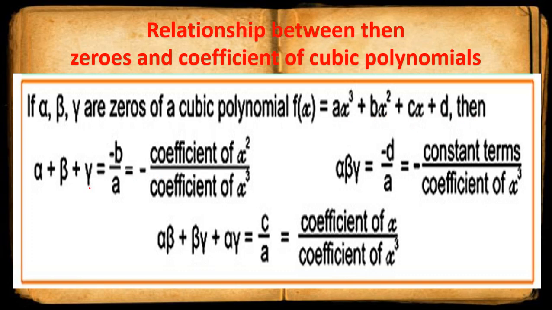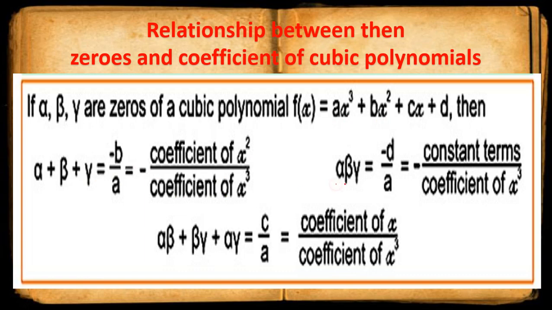in the same way, when we follow, we get alpha plus beta plus gamma is equal to minus b upon a, and here b is the coefficient of x square and a is the coefficient of x cube. So we can say when the polynomial is cubic, the sum of the zeros is minus coefficient of x square upon coefficient of x cube.